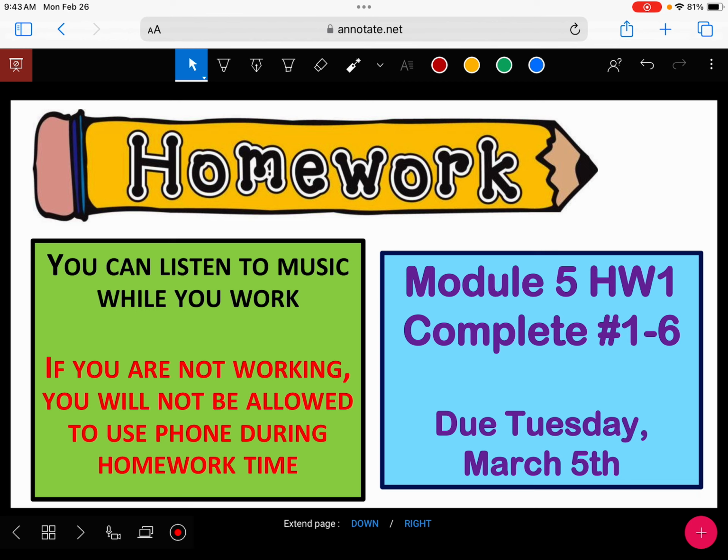You just have to do numbers 1 through 6, which is just the top half of the front side. That's all you got to do for homework. And it's due Tuesday, March 5th. So you got a while. That's all you got to work on for today's class.